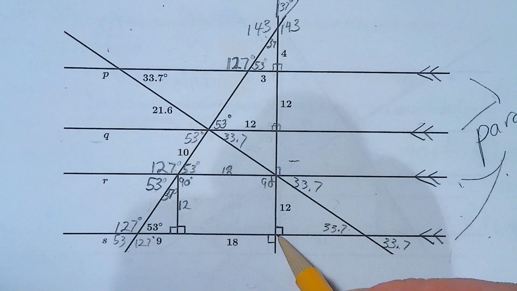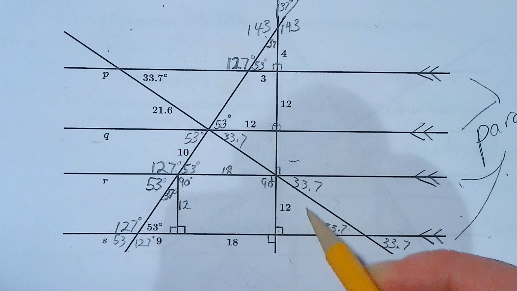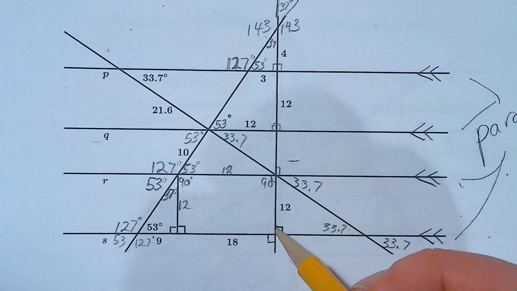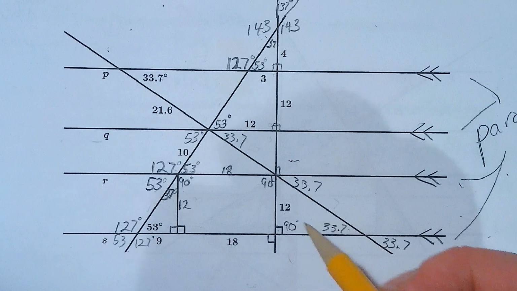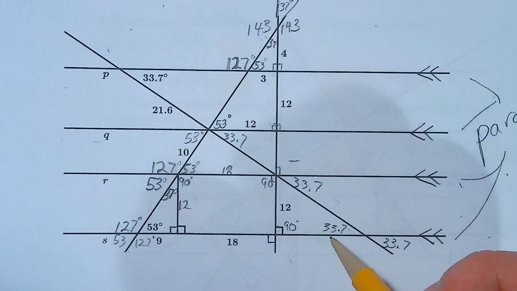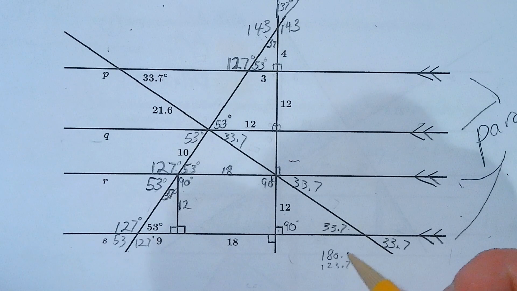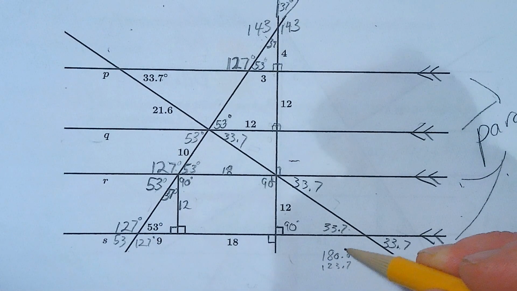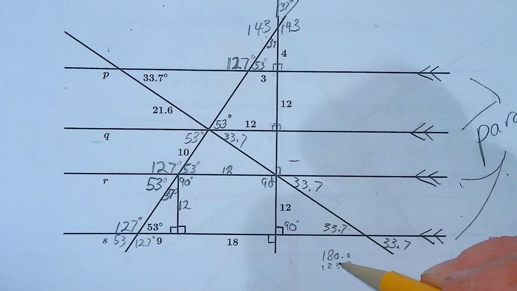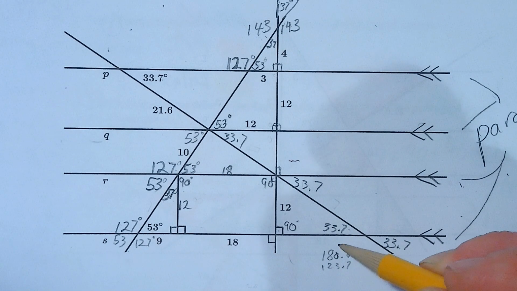Let's do some math though. There's a triangle here. They add up to 180. This is 90. So that equals 123.7. What is 180 minus 123.7? Well, this has to become a 9.